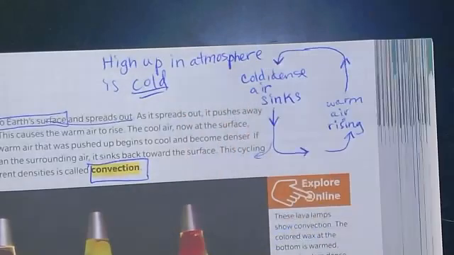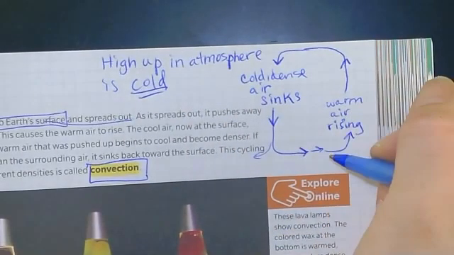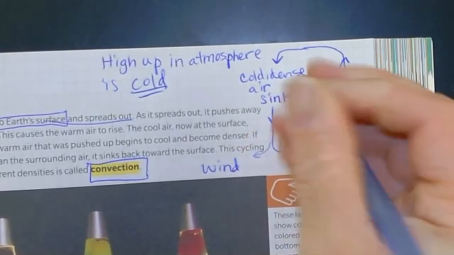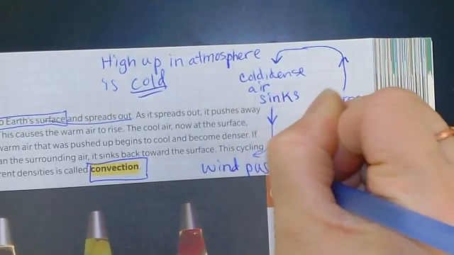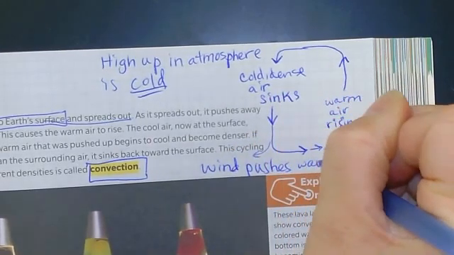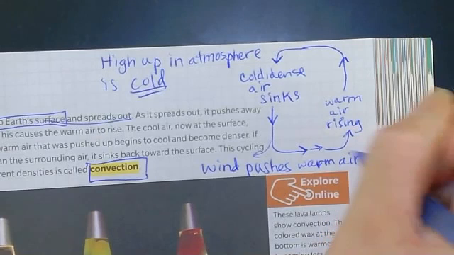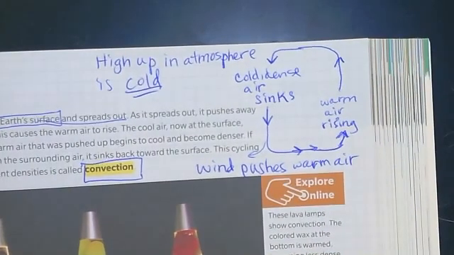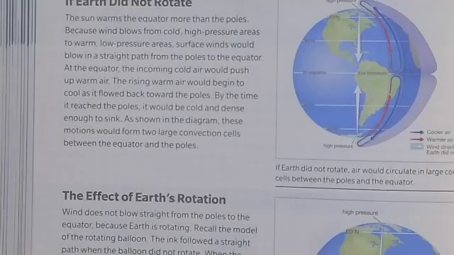So it's going to go in this direction. As this cold, dense air hits the bottom of the earth and hits down below, it spreads out in different directions, and it goes and moves and pushes that less dense warm air out of the way. And we're going to say wind pushes warm air. There we go.